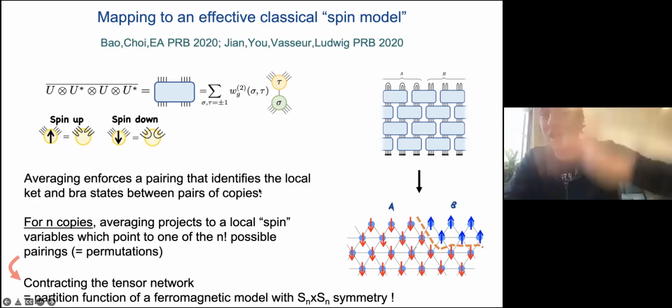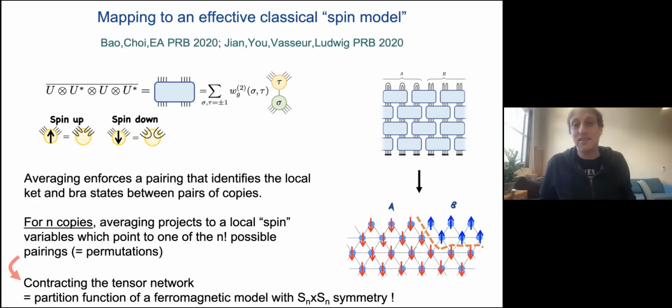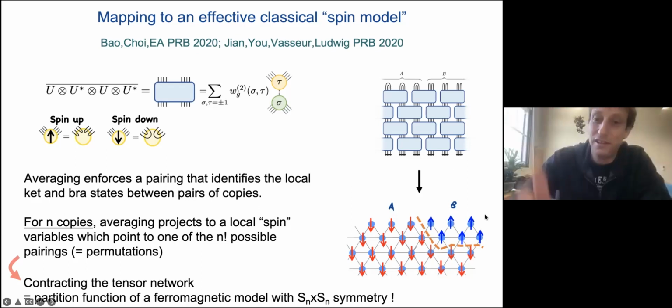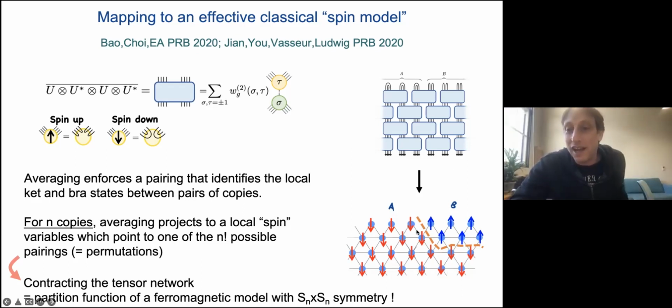Calculating this tensor network is basically the same as calculating the partition function of a 2-dimensional Ising model. 2-dimensional because 1 dimension is the time and 1 dimension is this network space, the space of the qubits. And the average, so we get basically a ferromagnetic Ising model.